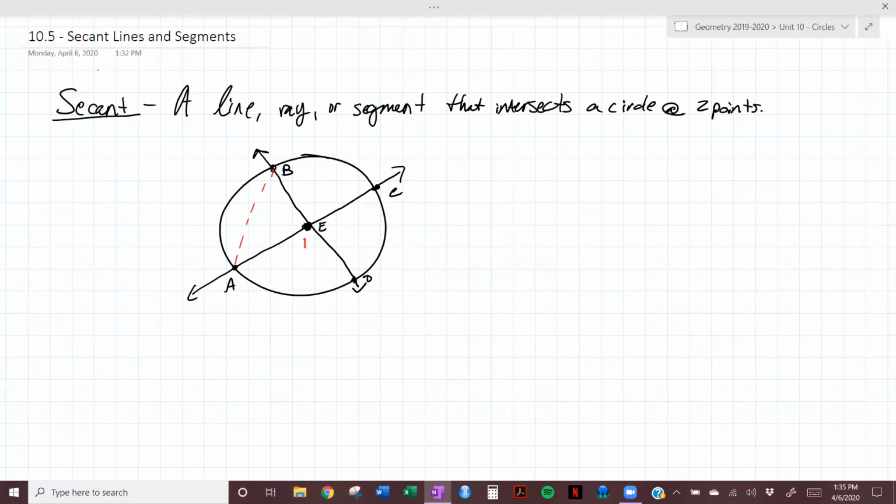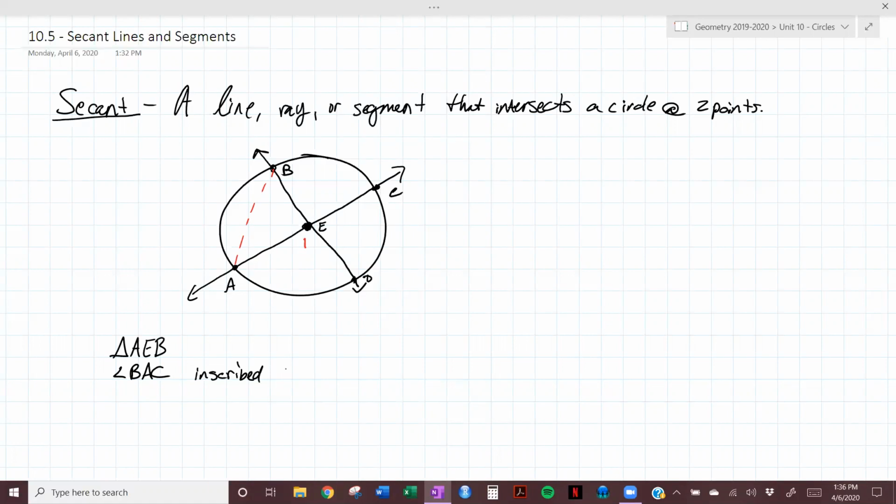So we know that we have a triangle AEB. We know that angle BAC is an inscribed angle, which means it's inside the circle.